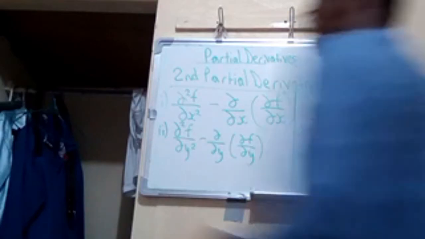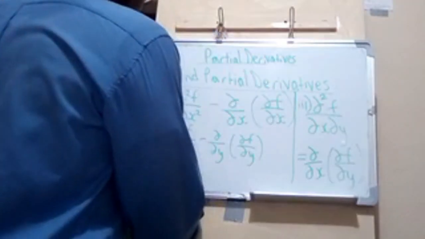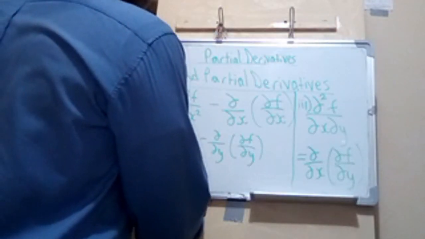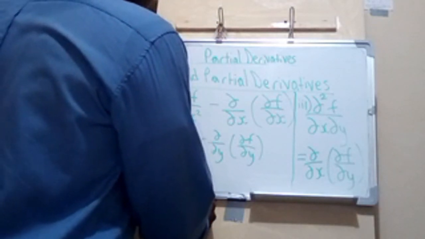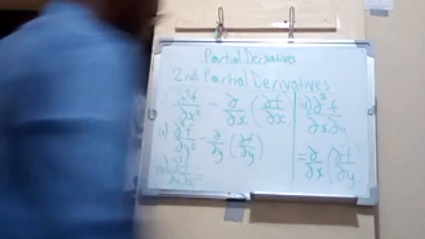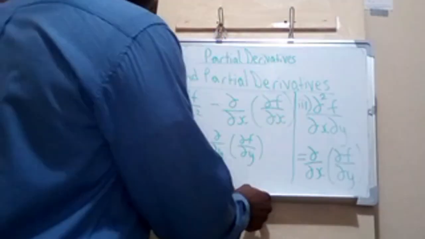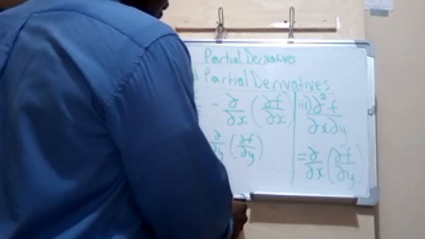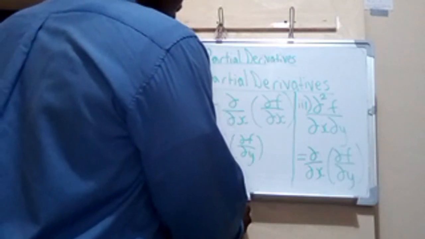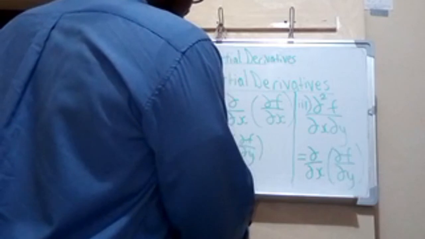And then finally, the fourth one is del 2f upon del y del x. This is equal to del by del y of del f upon del x.